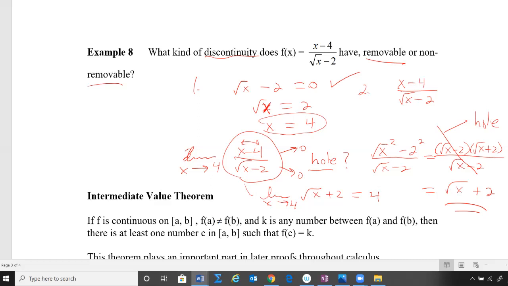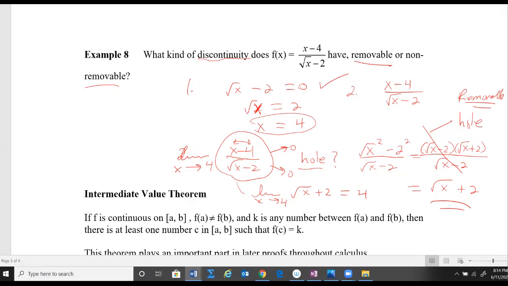So it is a hole. Holes are removable. Okay, holes are removable. All right, so we do have a removable discontinuity there, and it is what's known as a hole.